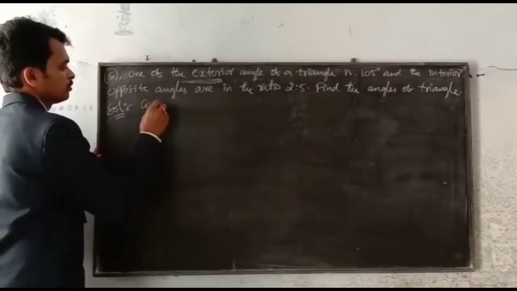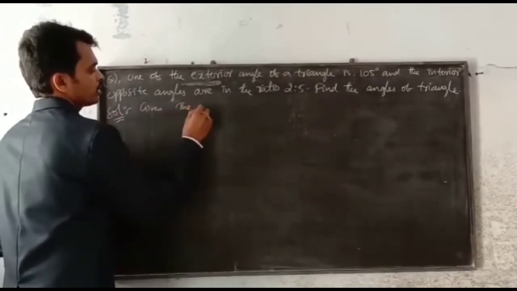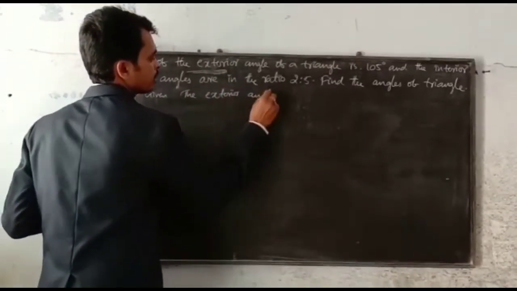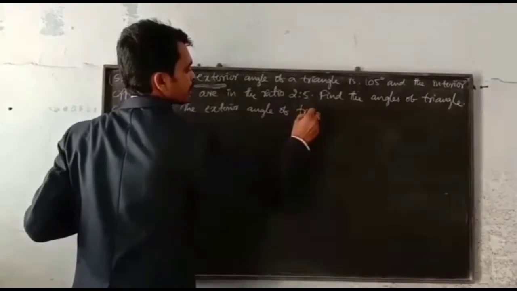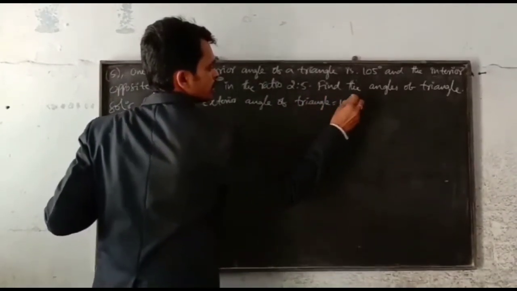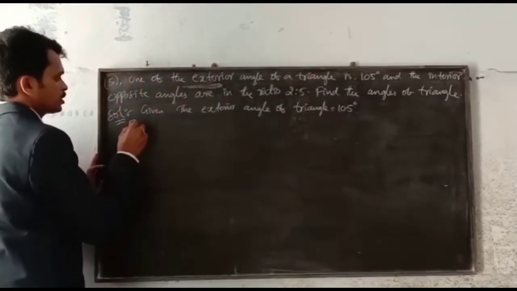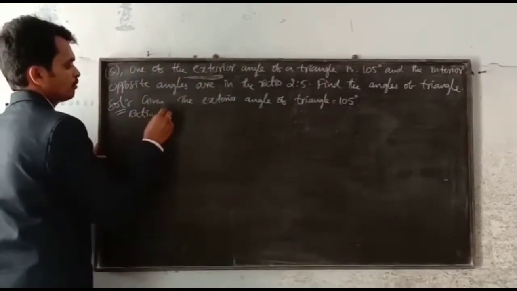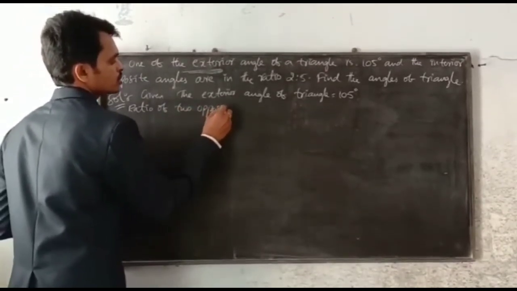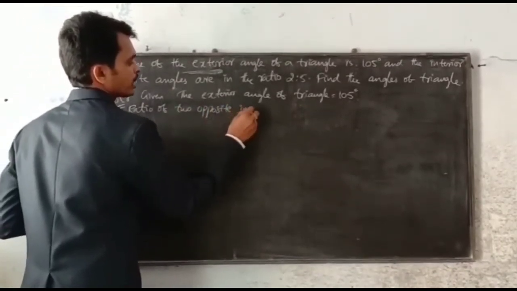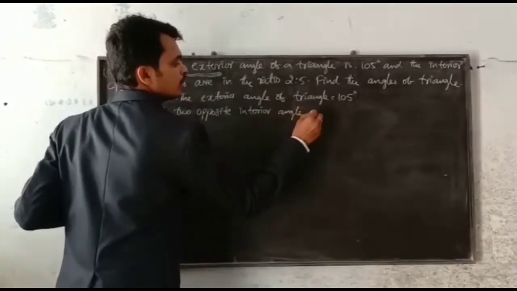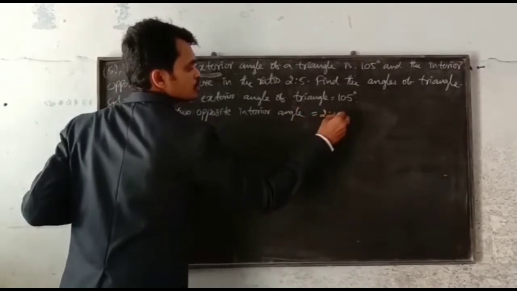Given: the exterior angle of the triangle is 105 degrees, and the ratio of the two opposite interior angles is 2:5.